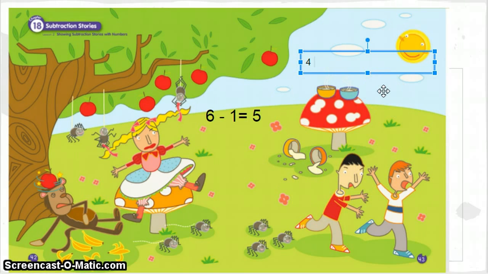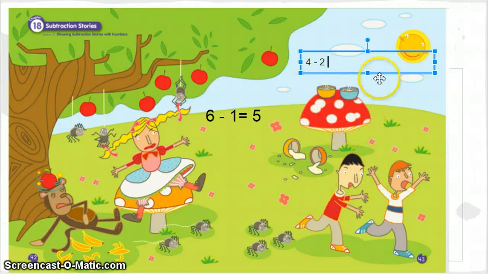I know I'm working with subtraction or takeaway, so I use the minus sign. And I need to really pay attention to this picture. What is being taken away? I want you to think about what is being taken away and what number will I use to show that. I hope you said 2. There are 2 bowls of porridge that have fallen from the mushroom.